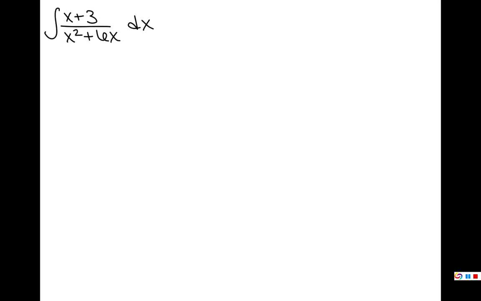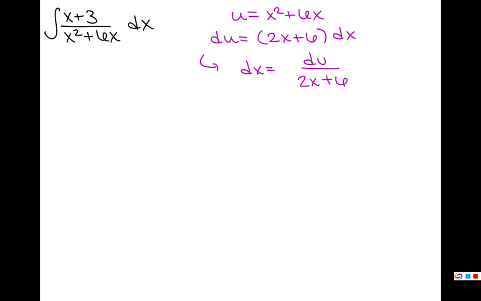I see two choices for the u. I could make the numerator the u or the denominator. I'm going to choose the denominator because it has an x squared in it, and the derivative of an x squared will have an x in it, and that's what's on the top. So let's see how that works.